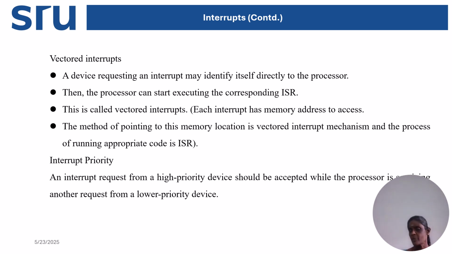That time, the high priority one only is handled. In the second case, a high priority interrupt occurs first, and a lower priority interrupt occurs second. That time also, the high priority interrupt will be handled. So these are the two cases.